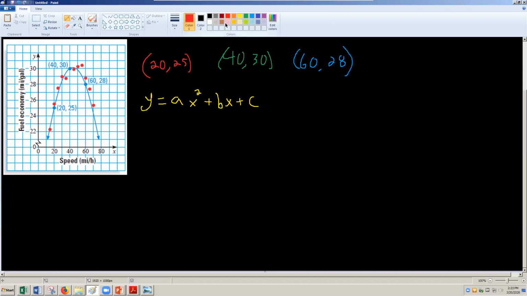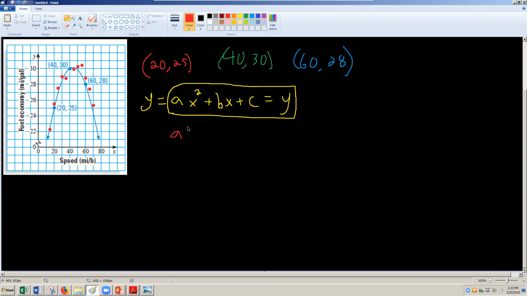The way that I'm going to do that is I'm going to first use this point, and I'm going to come up with an equation, and I can also just throw my y over here, and I'm going to end up using it in this orientation, and you'll see why in a second. So when I'm doing this, I'm going to say, okay, well, let's plug in these values and see what we get.